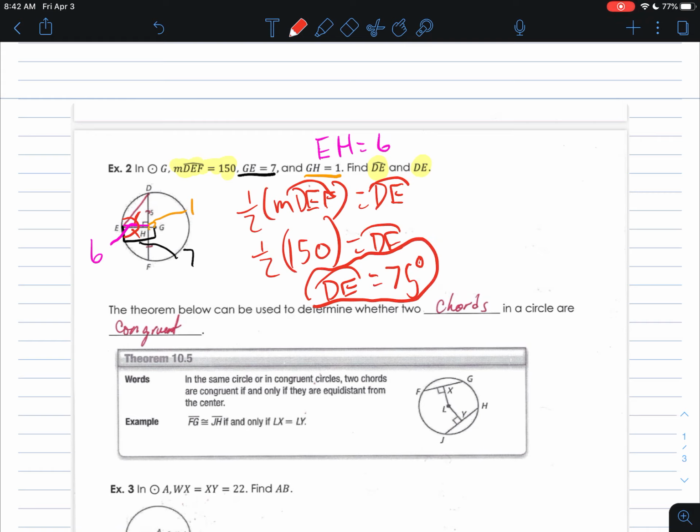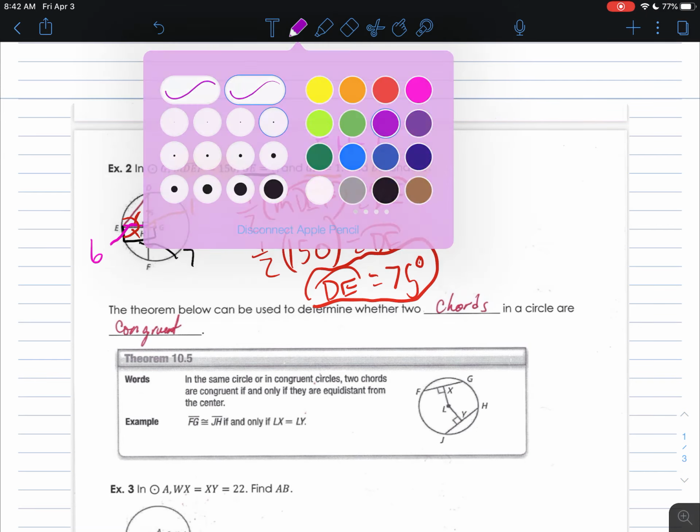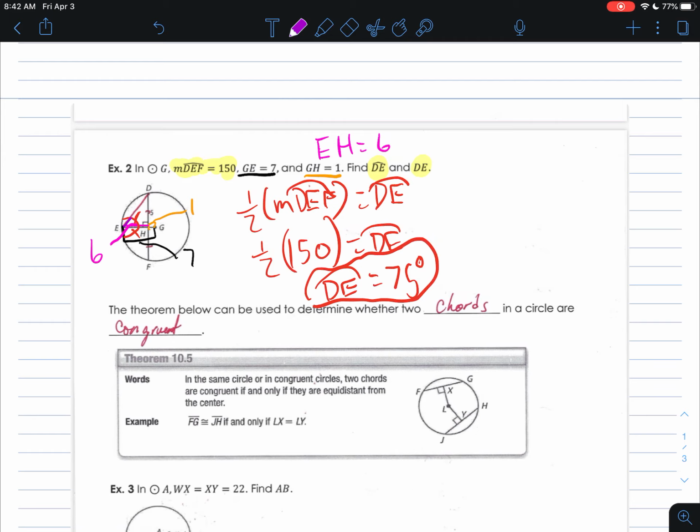Okay, and then for the chord, I'm going to actually use a different color. Purple's too close to pink. I will use blue. So we're looking for this right here. One way we can do that is by using the Pythagorean theorem, because we know that this is 5, this side is 5, and this side is 6.